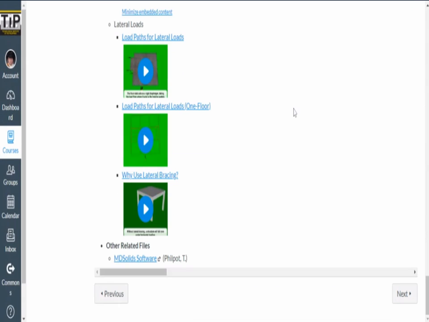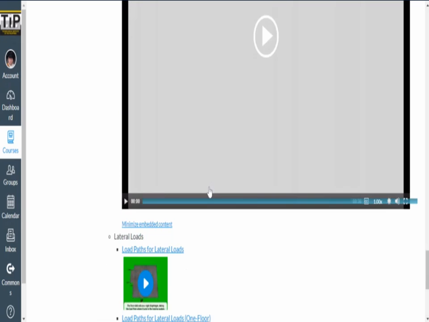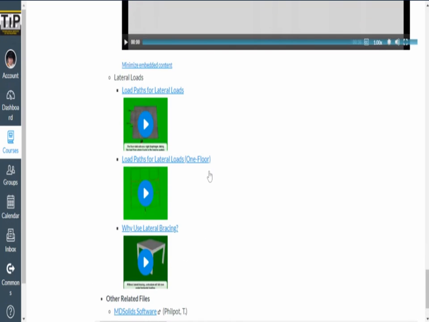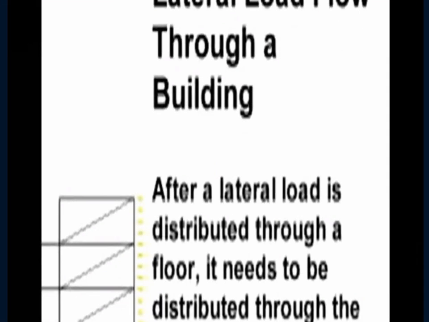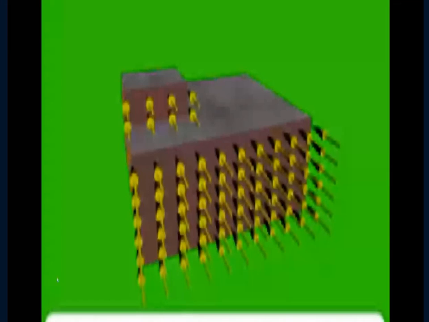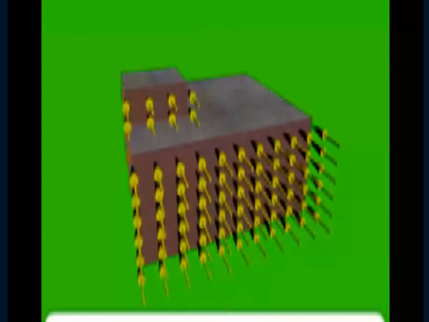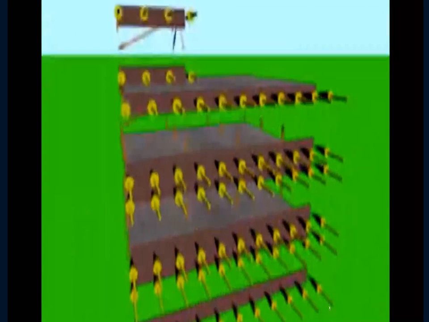And then how about the lateral loads, for wind or earthquake loads? For example, if you have already evaluated the loads, you will distribute them. You divide the load among the floors.